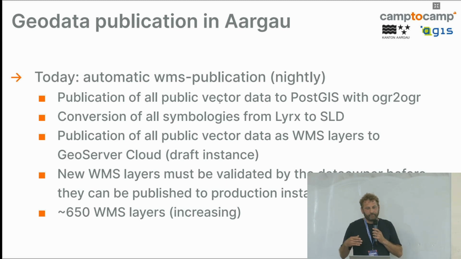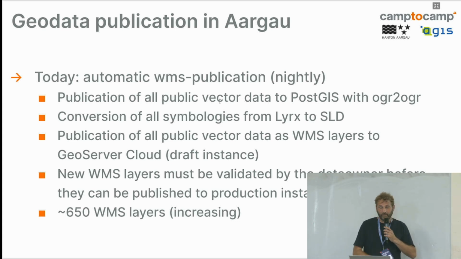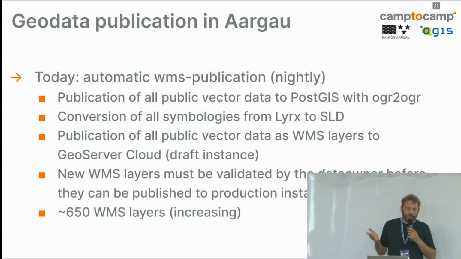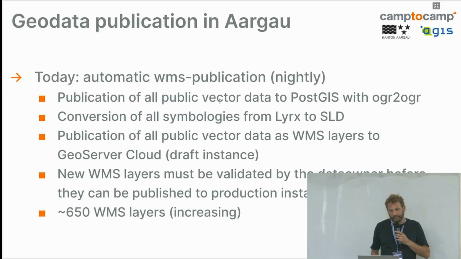And when this is done, the publication of all these layers is made first on a staging instance, and when the specialist in the department has approved this, it goes to the public instance.